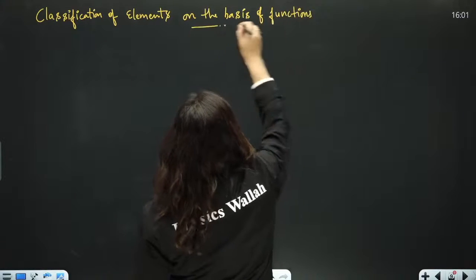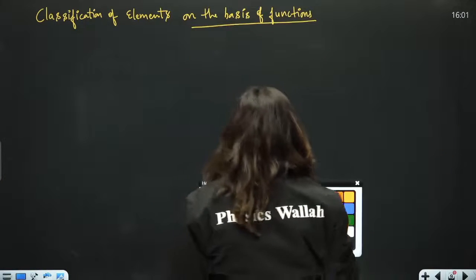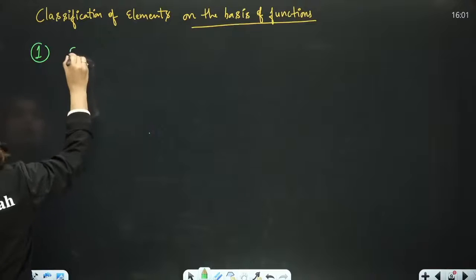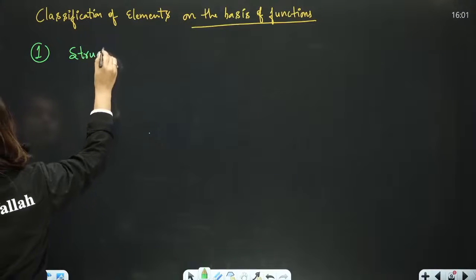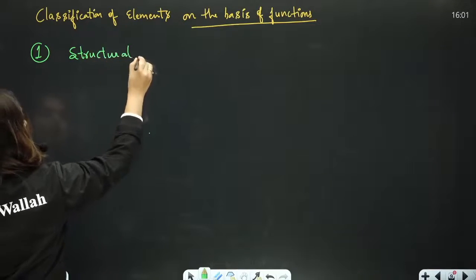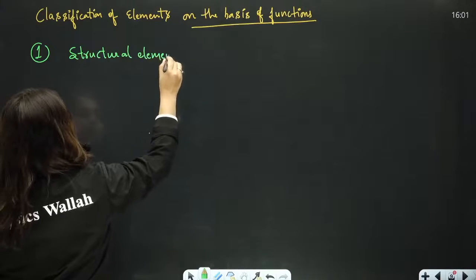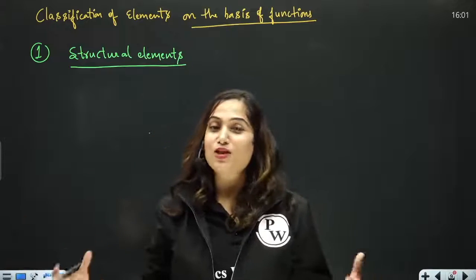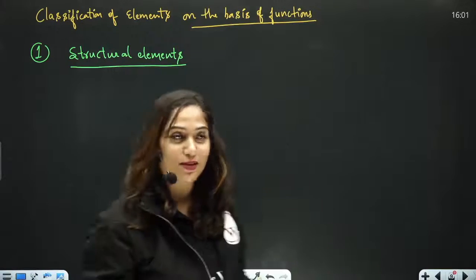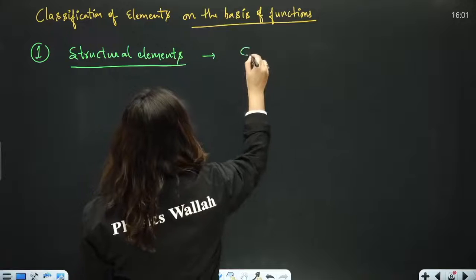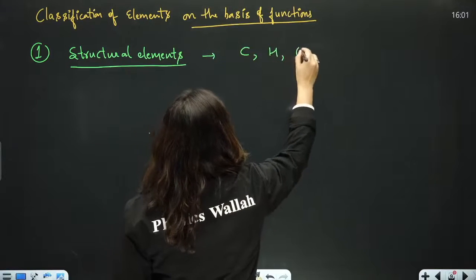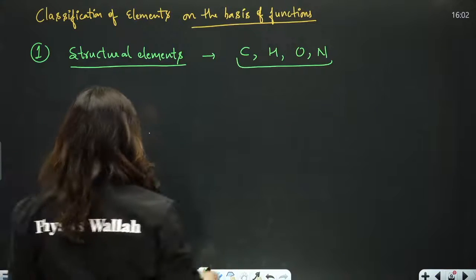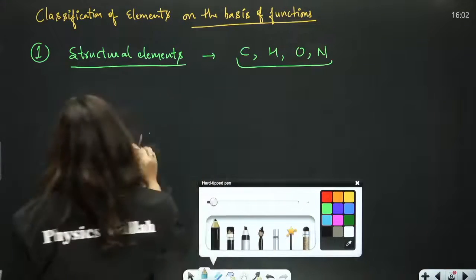On the basis of functions, first of all, there are the structural elements, right? Obviously, all those elements which have a structural role, that means the elements which form the major plant body, are the structural elements, and they are carbon, hydrogen, oxygen and nitrogen. Remember this. These four are the structural elements.